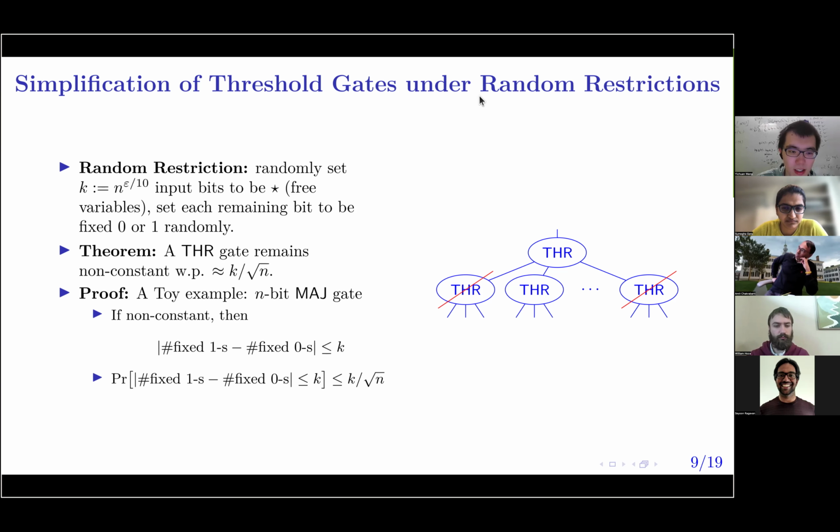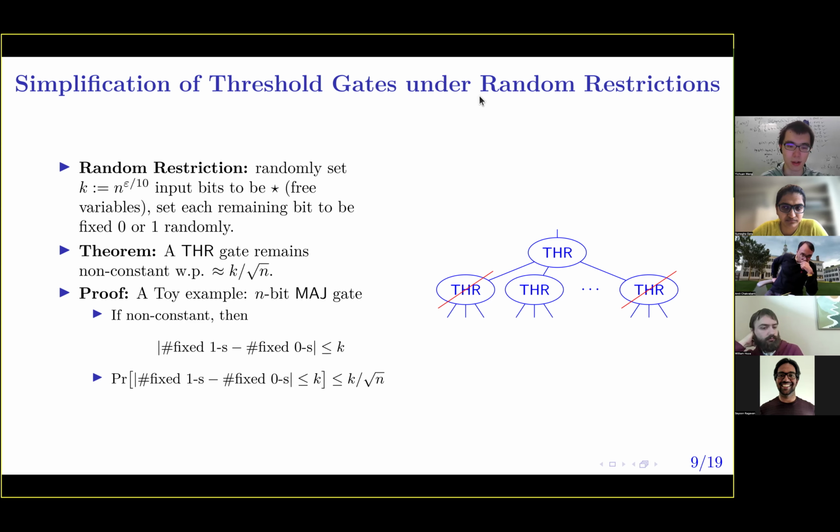And let's see the proof. I'm not going to show the complete proof, only a core example. What if we are simplifying a majority gate? After we apply the random restriction, if this gate is still non-constant, then we can say that the number of zeros and ones in the fixed variables cannot differ too much.